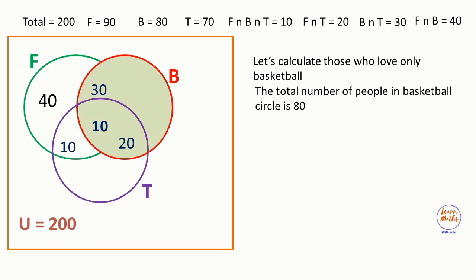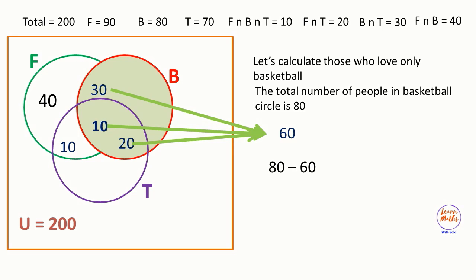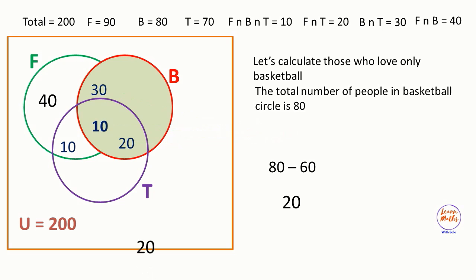So we'll add the 30, 10 and 20 together to have 60. So those who love basketball and at least one other sport are 60. So we'd have 80 minus 60 and that would give us 20. So we put our 20 into the circle.